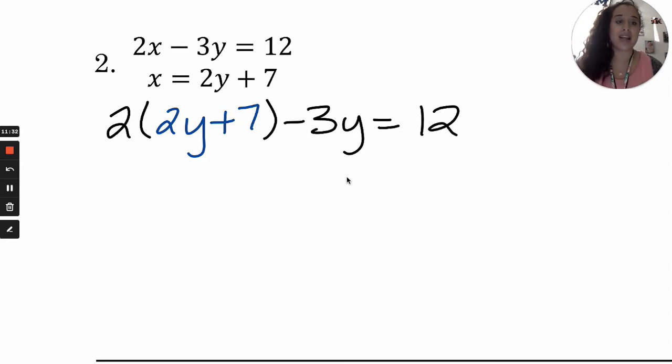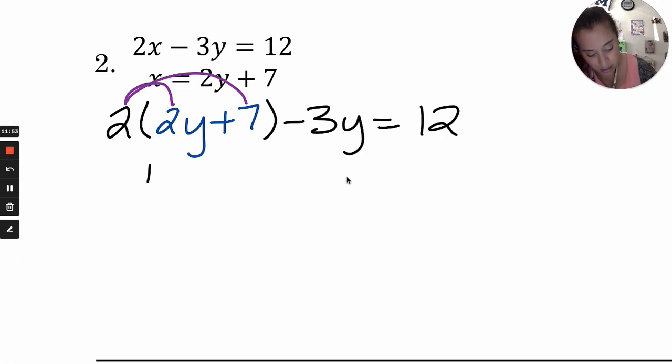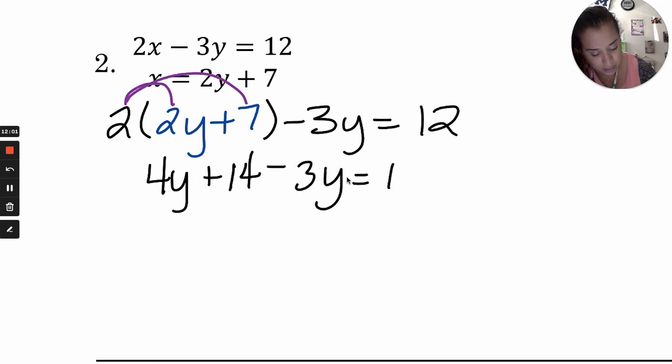Now we're going to solve for y. We can get y entirely by itself. So step 1, we're going to distribute. Remember distributing, we just multiply everything inside the parentheses by whatever number is directly outside the parentheses. So we're going to multiply 2y by 2 and 7 by 2. So we end up with 4y plus 14 minus 3y equals 12.